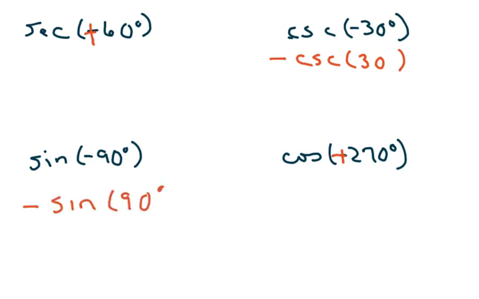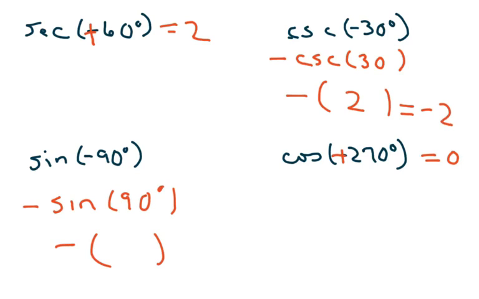And then I'm just going to evaluate secant of 60 equals 2. Cosine of 270 equals 0. Negative, and I have a negative here. So cosecant of 30 is 2. So the answer would be negative 2. Sine of 90 is 1. So this would equal negative 1.